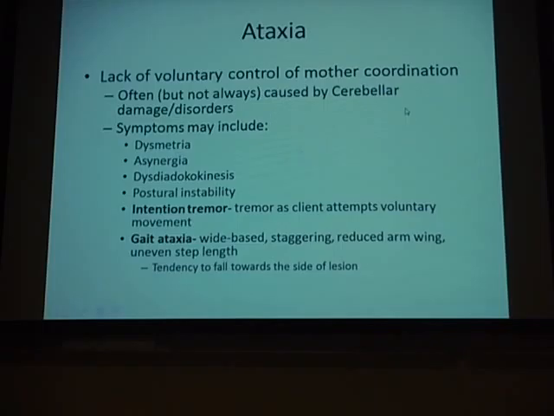Ataxia is not always caused by a cerebellar lesion, and I think that's where it gets a little bit confusing, because you can see jerkiness of movement in some of these problems if there are lesions to the places that the vestibular system projects to. If there's a problem in the vestibular nuclei, you may see some issues with balance or problems with gait.